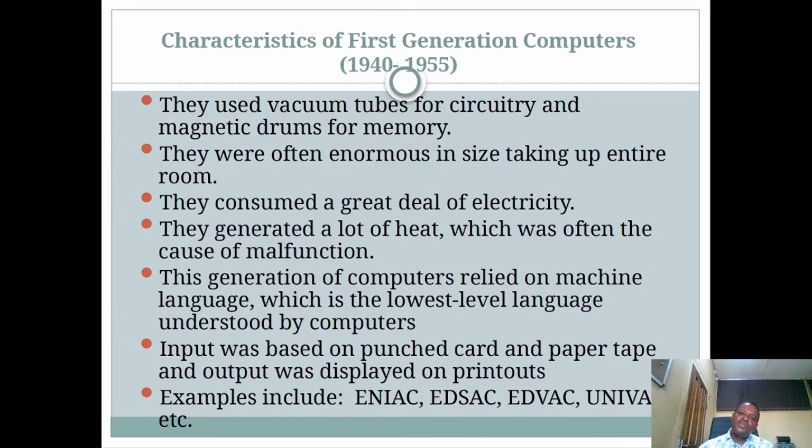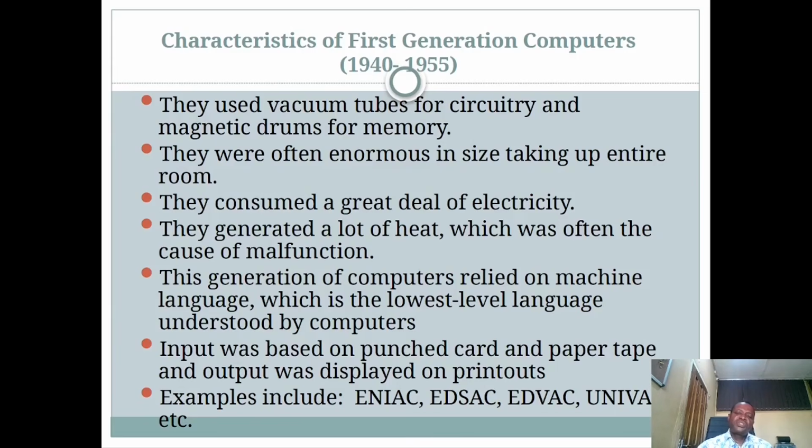You have the low level programming language and you have the high level programming language. So the first generation computers relied on machine language, which is the lowest level language understood by the computers.